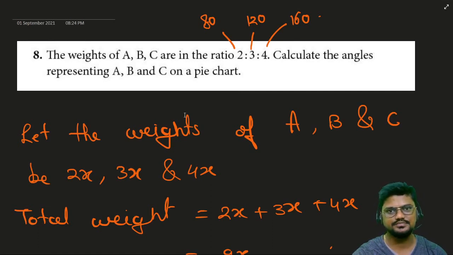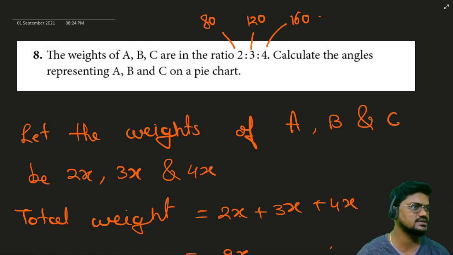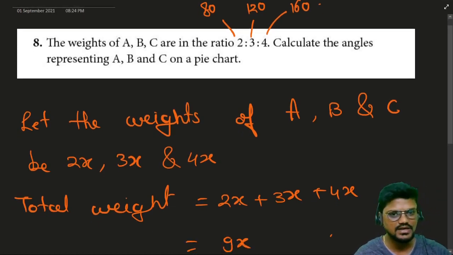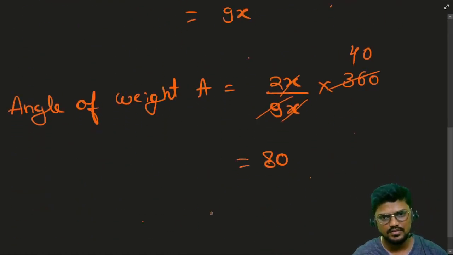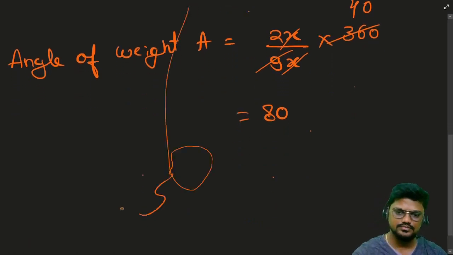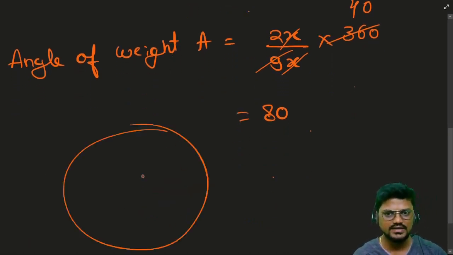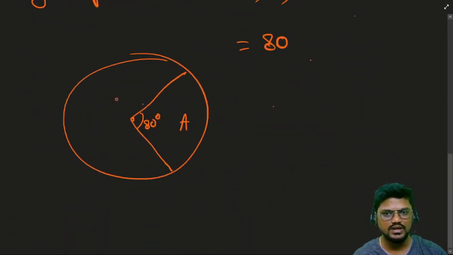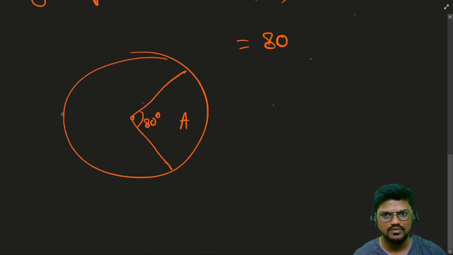For A it is 80 degree, for B it is 120 degree, and for C it is 160 degree. You draw the pie chart like this. First draw 80 degree for A, then the other one is 120 degree for B. So 120 degree will be an obtuse angle.